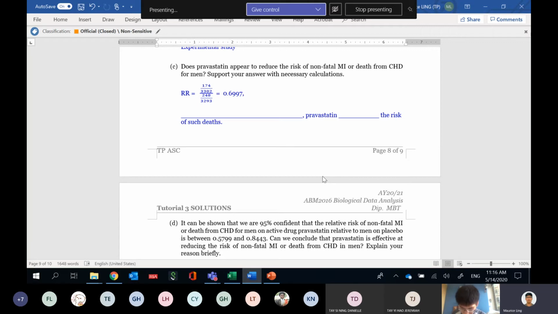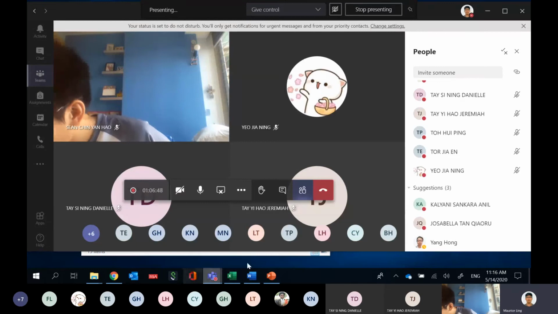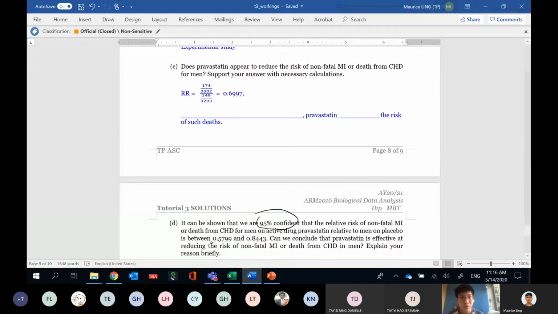Can we conclude that pervastatin is effective? So let's try Ranjini. You have not got this concept of 95% confidence yet, but is it effective based on the numbers, based on the relative risk, between this and this? So Ranjini, is it effective?